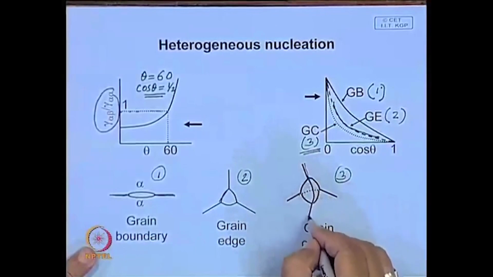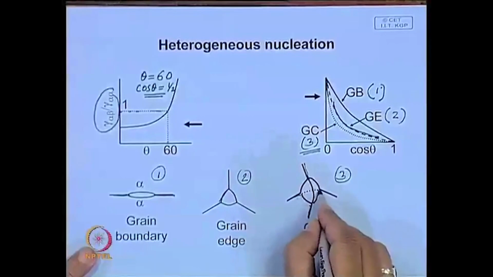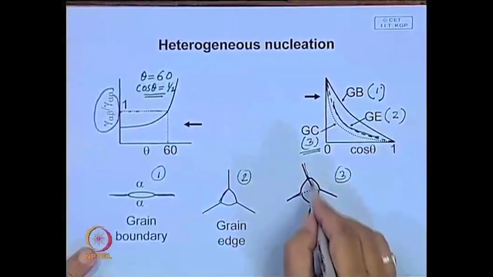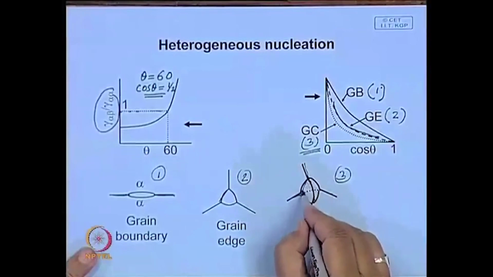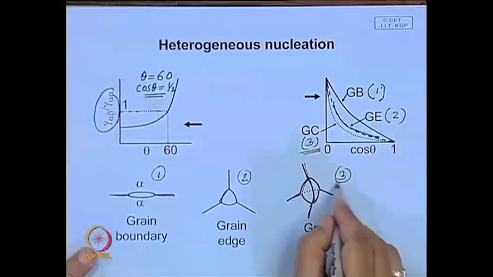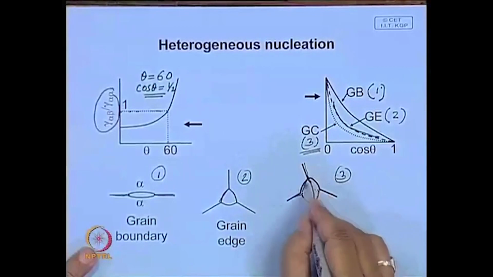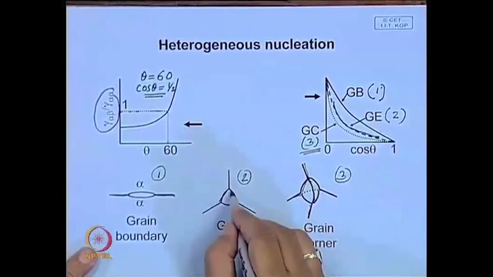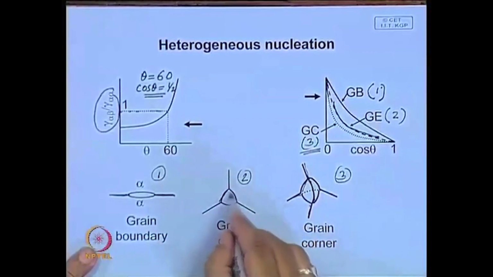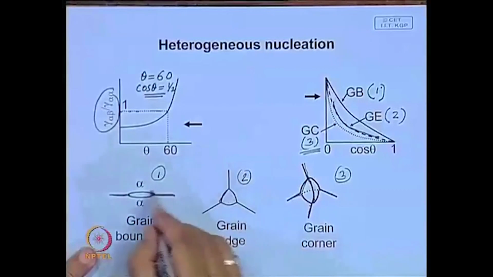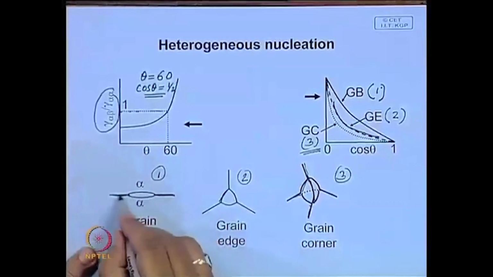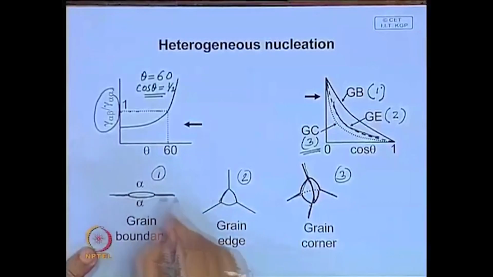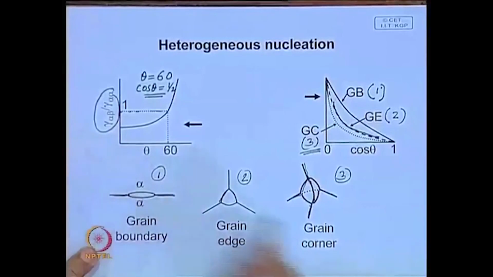This is one boundary, this is another, this is the third, and this is one of the edges, the grain edge. So, this will be the grain corner. The 4-grain corner in 3D will be the most important site, next is this grain edge, and this represents a grain boundary or just a grain face.